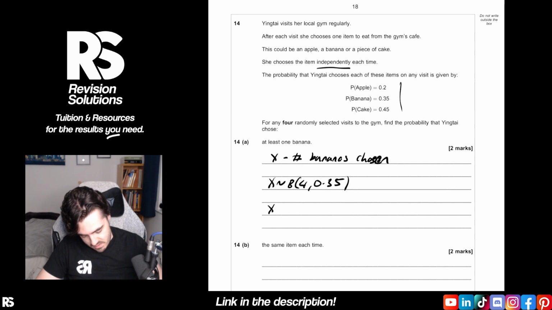So that's the probability x is greater than or equal to 1, which we could do as 1 minus the probability x is equal to 0.